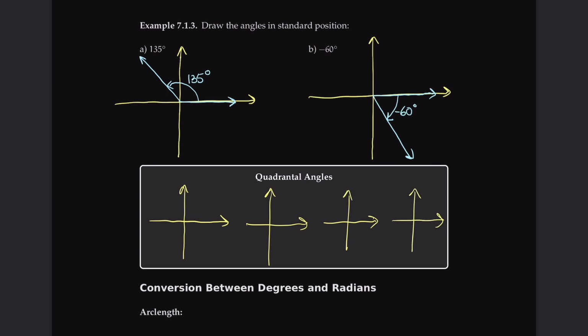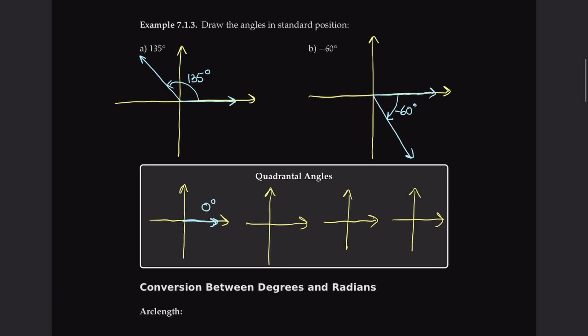The first quadrantal angle is going to be the one that just begins and terminates right at 0 degrees. This is a 0-degree angle. The second one terminates straight up on the positive y-axis. That's going to be a 90-degree angle. The third one is going to terminate on the negative x-axis, and that's going to be a 180-degree angle.